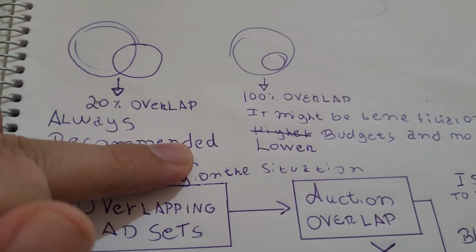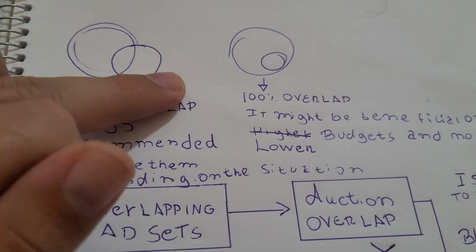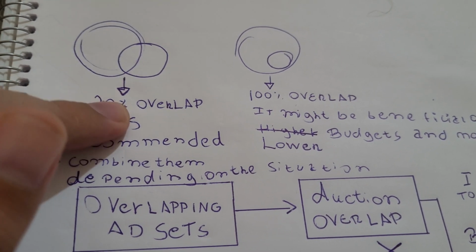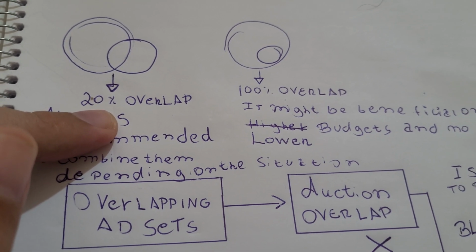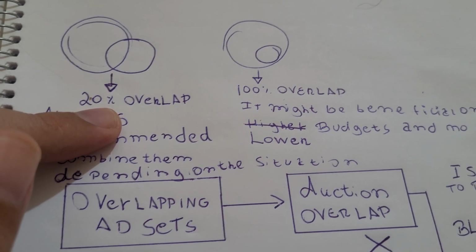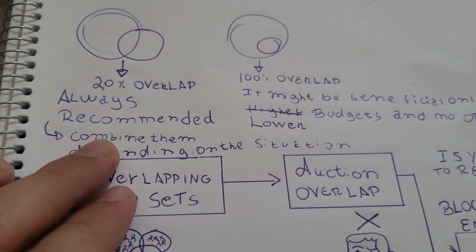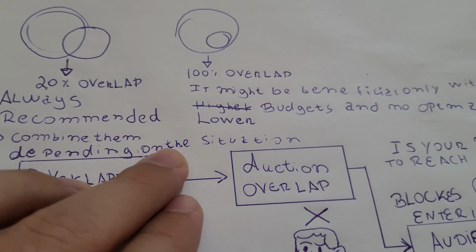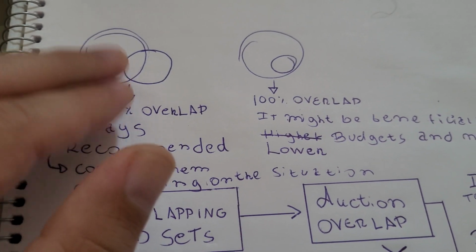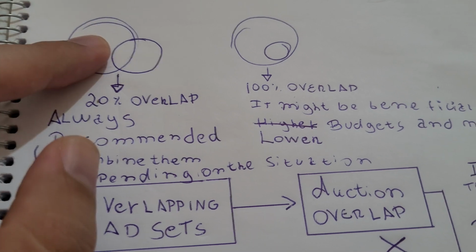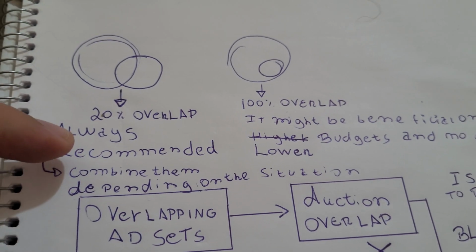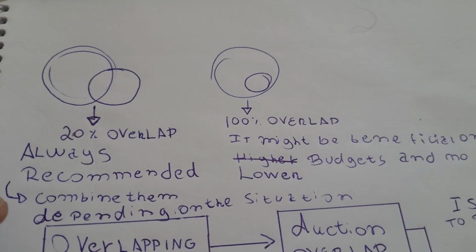It's always recommended, because you're dealing with different sizes, different portions, and you don't have a huge overlap. If you have enough optimization, you can even combine them depending on the situation. I prefer to use more granular tests, like an interest per ad set, but in some cases you can combine them too, right?